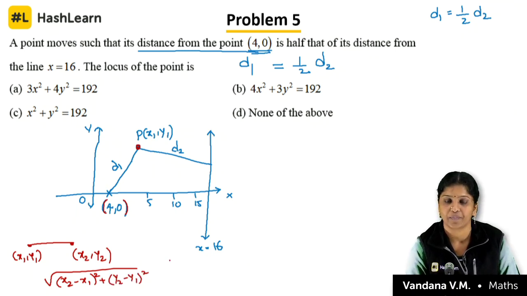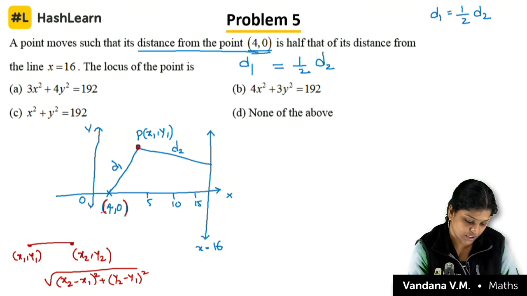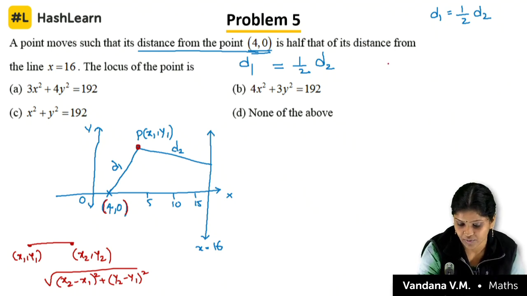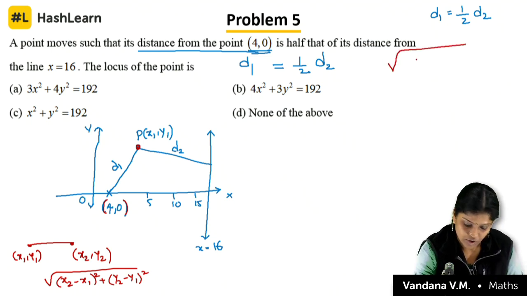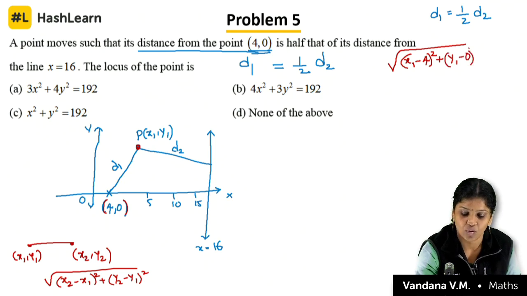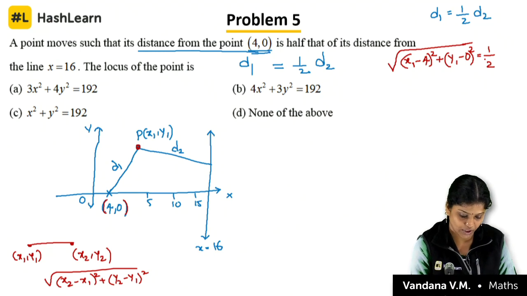This is the formula. So, now write down what is d1, x1 minus 4 whole square plus y1 minus 0 whole square is equal to 1 by 2 into d2.